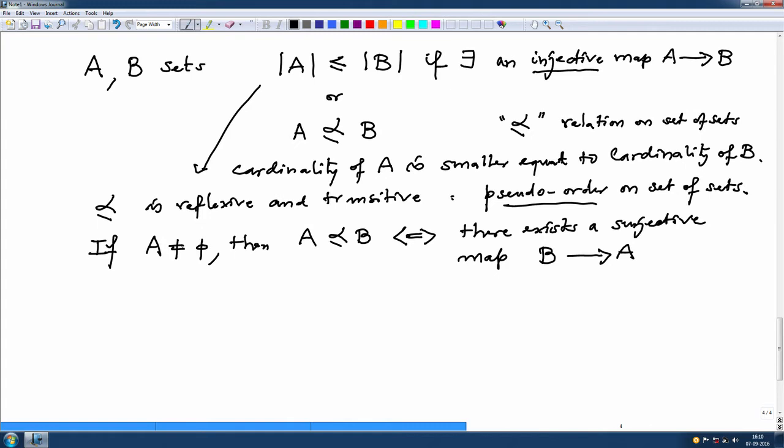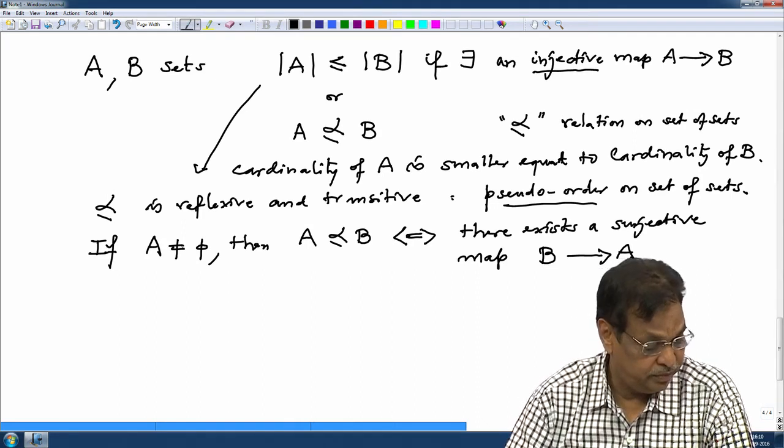I am going to leave the proof. All the proofs I will add in the notes.